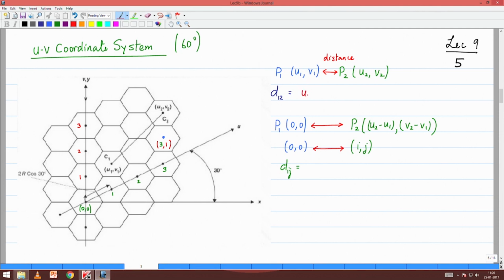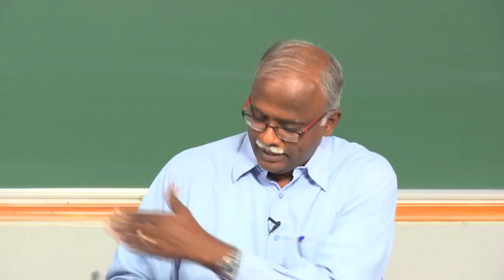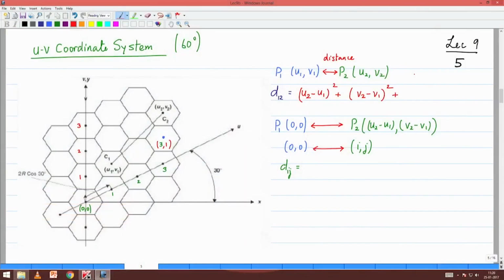So basically it will be u2 minus u1 whole squared plus v2 minus v1 whole squared plus u2 minus u1 into v2 minus v1 cosine of the angle between the two. If it's 90 degrees, that third term will go away, but in this case it will come out to be u2 minus u1 into v2 minus v1.